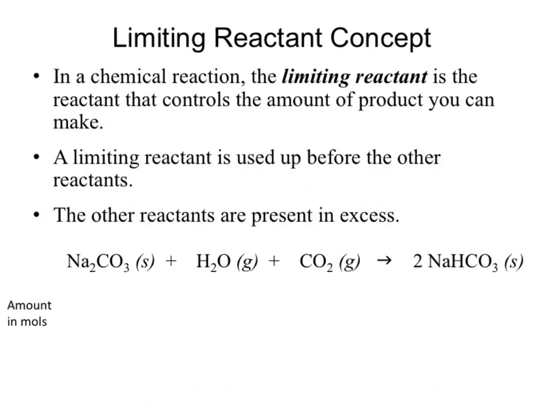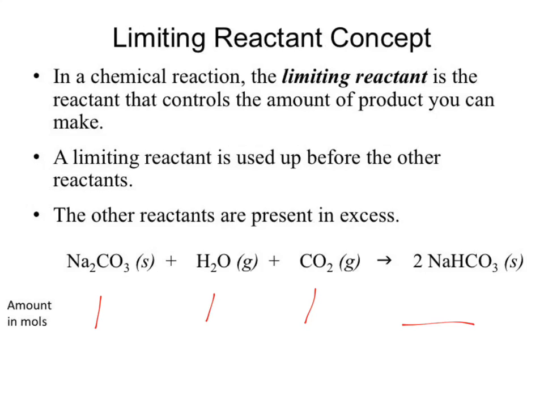If we look at this equation, if I give you 1 mole of this, 1 mole of this, 1 mole of this, how many moles of that can you produce? Okay, so let's check it.